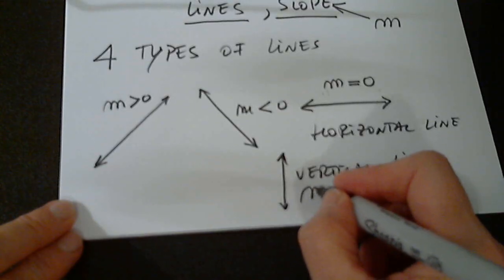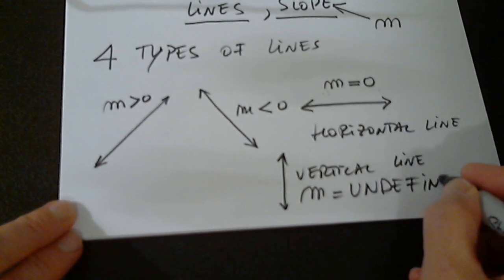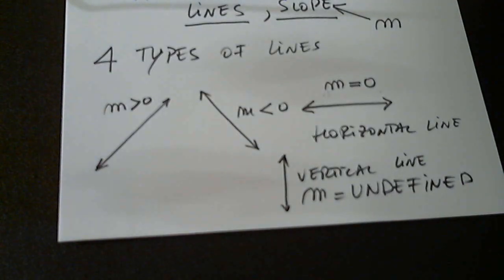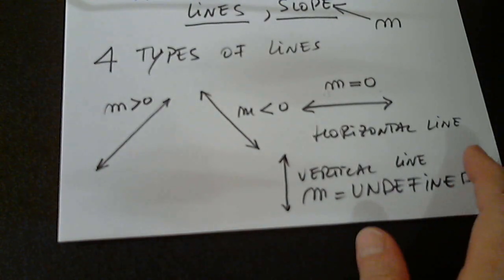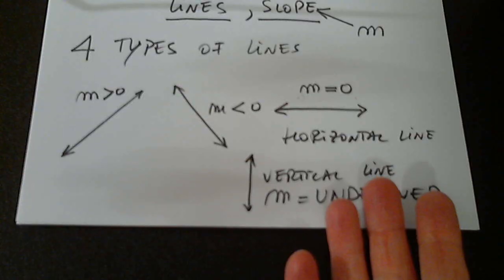This one has the slope undefined. It's a fancy word that we used before. It basically means it does not exist. So that's our first situation. We know a lot about lines so far.